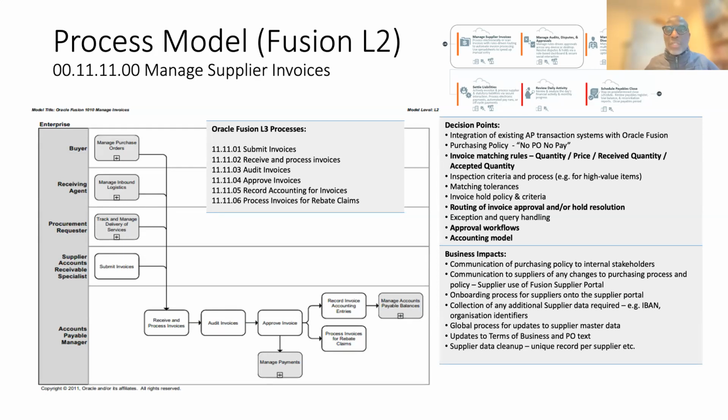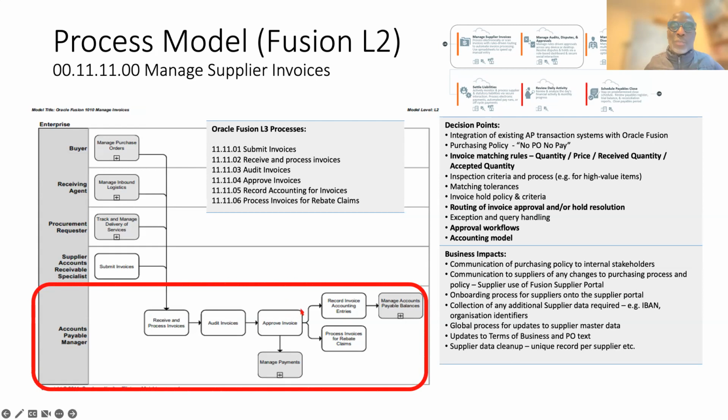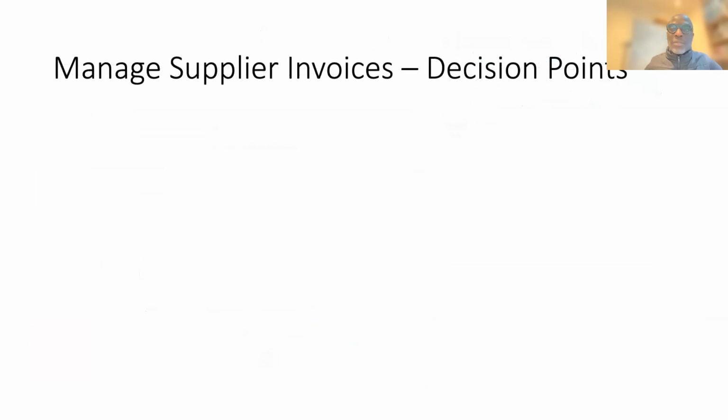So there's a lot of different areas where you can start to talk about with the business within those process definition areas. And then this is where you now start to confirm a lot of things on what the business do.